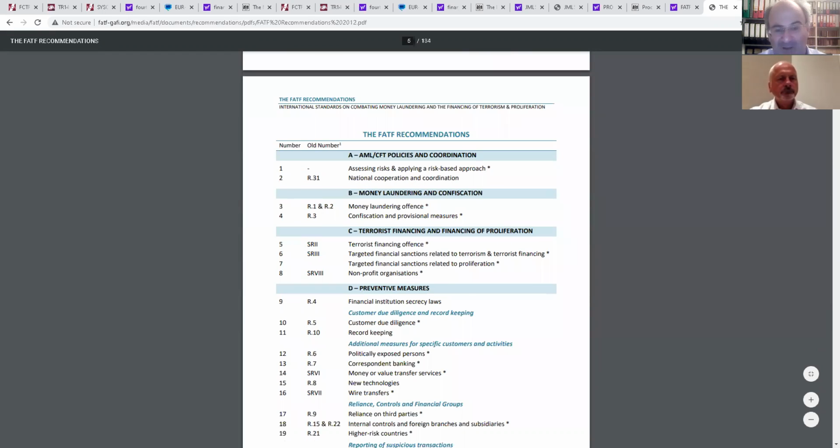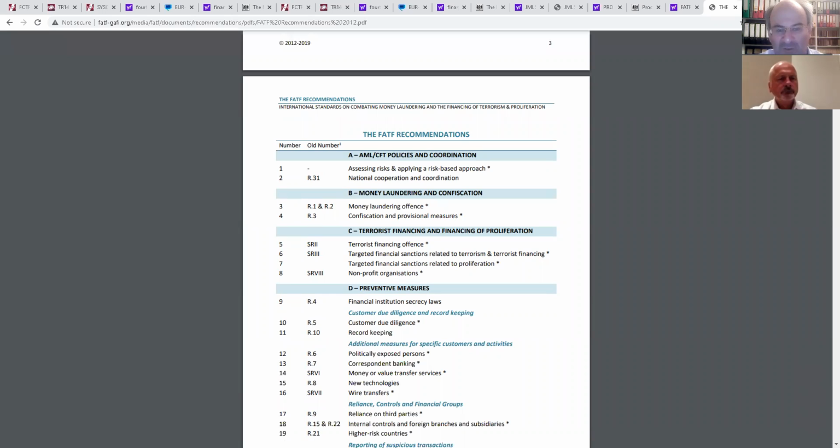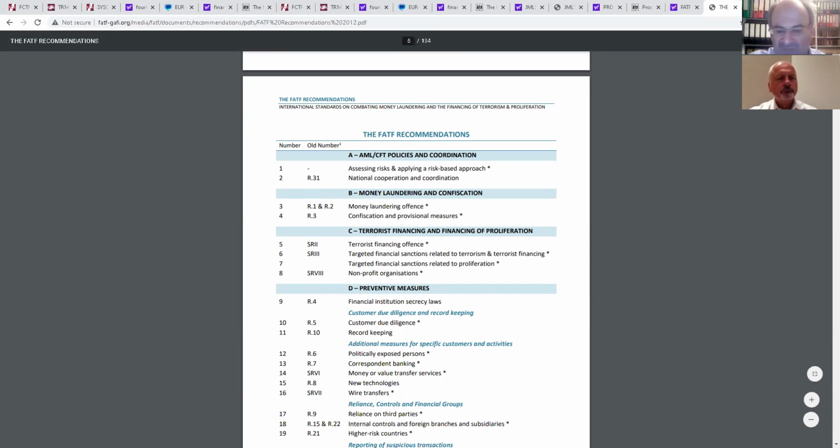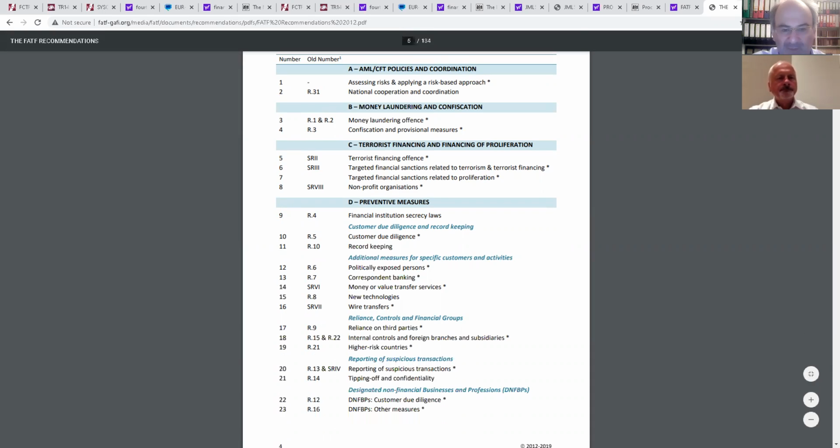And again, depending on what it is you're focusing on or what you want to see recommendations about, depends on which recommendation you want to look at. So we could look at reliance on third parties, which is what we looked at before. We'll see it's floating around in recommendation number 17.